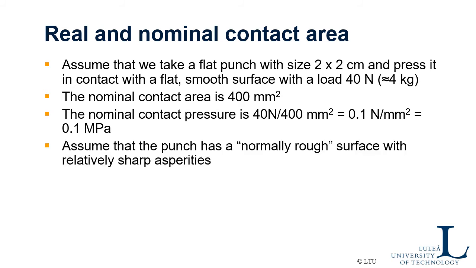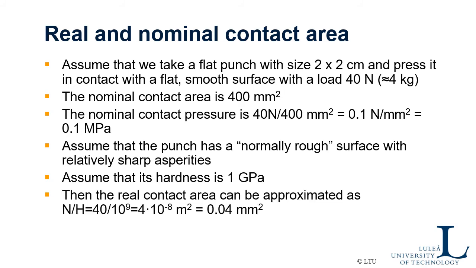Okay, now assume that we have a kind of normal roughness of the surface with relatively sharp asperities that makes this approximation valid, that the real area of contact is simply the load divided by the hardness. And we can assume that the hardness is around 1 gigapascal in this case.